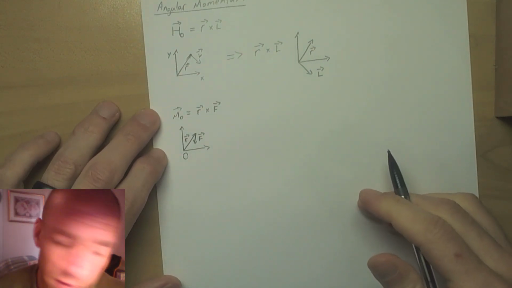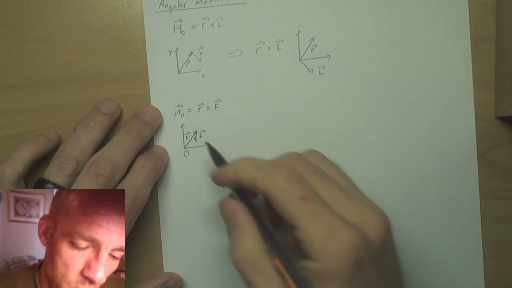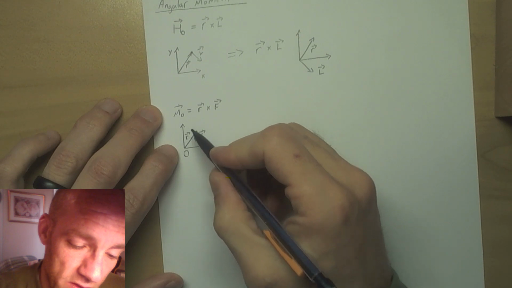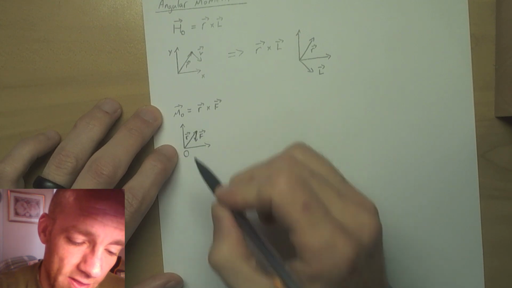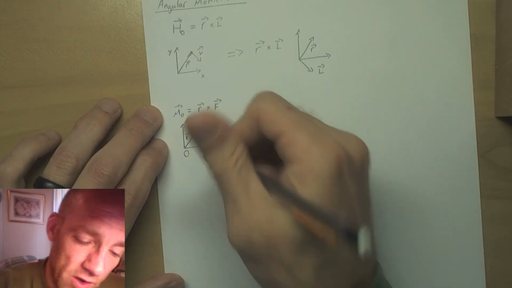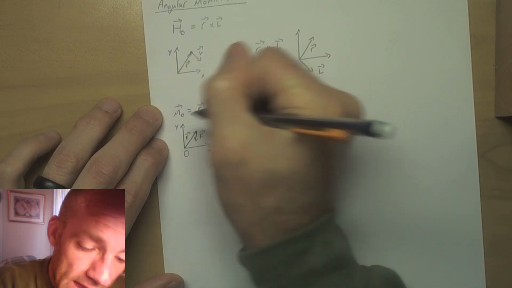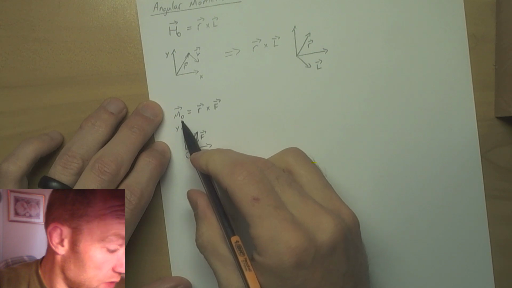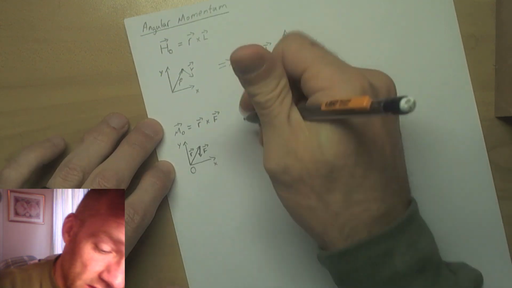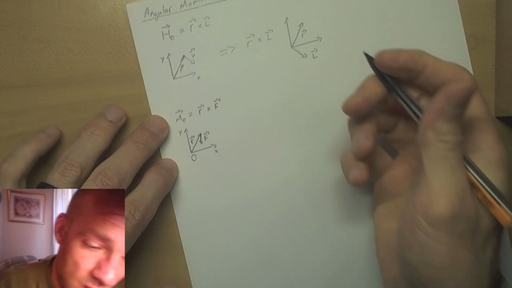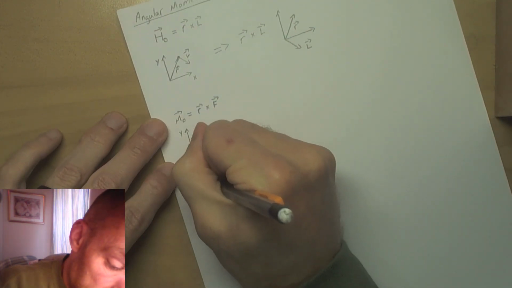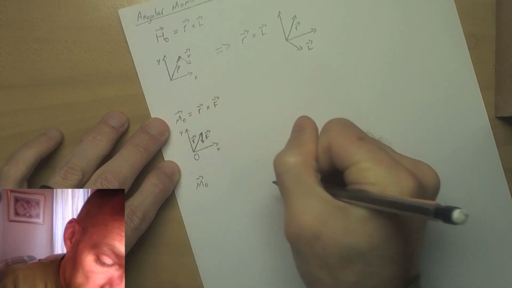You can think of torque or something like that. So if I have force acting across a distance, this is generating a torque at the origin here, and the angular momentum is related to the torque in the same way that linear momentum was related to the force.